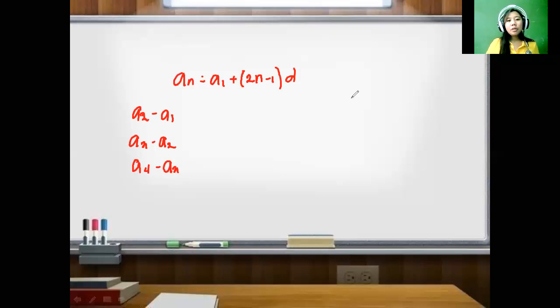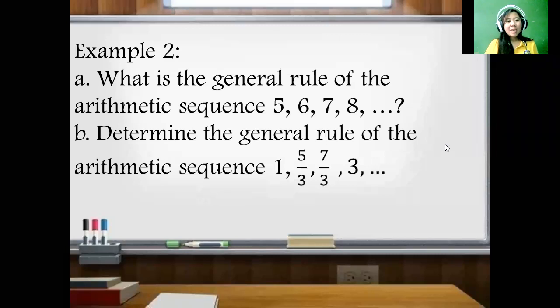Okay, so I'm going to give you an example po about formulating general rules. Okay, kung dati po binibigyan ko po kayo ng formula to get the terms easily, now, kayo naman po ang magpo-formulate ng general rule. Nagkakaintindihan po ba? Okay, so let's continue class.